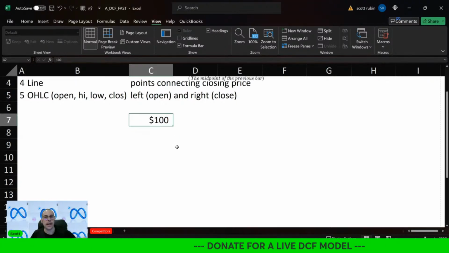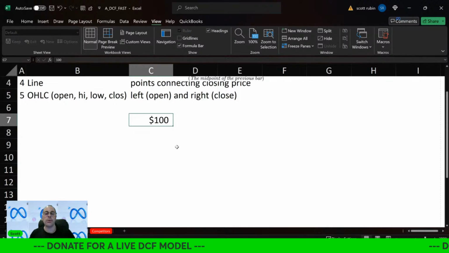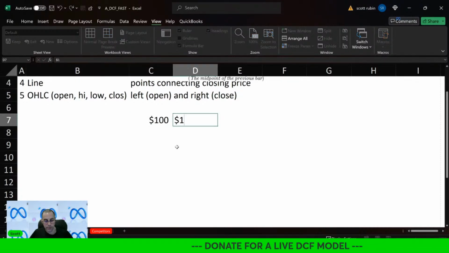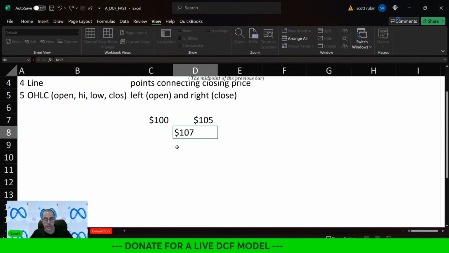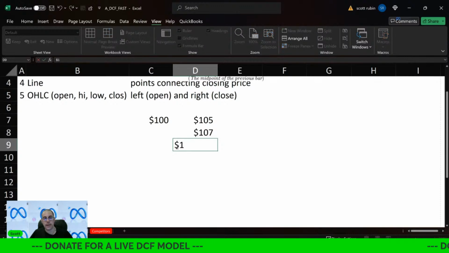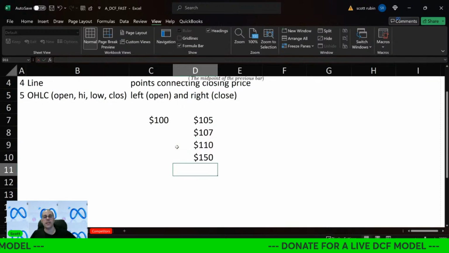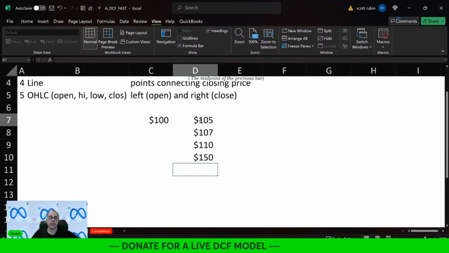I mean, if they want to sell it right away without waiting, they could just sell it for 100 at the market price. But a lot of people put an order in for like 105, 107, 110. There might be some crazy people putting in for 150, and they just let it sit there for a few months in case it does go up. So that's just what they do.